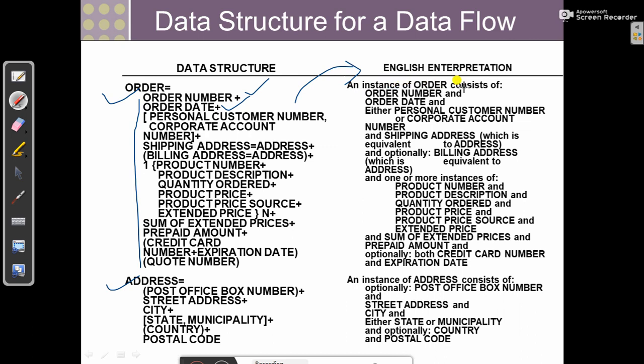The interpretation of this data structure in English is like that. An instance of order consists of order number and order date, and either, here you can see this square bracket. In the square bracket you can say either personal account number or corporate account number, and shipping address, which is equivalent to address, this is the symbol which is equivalent to address.